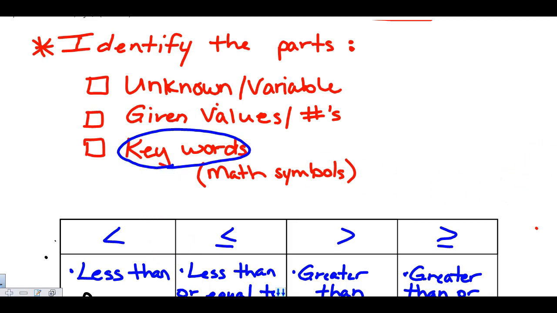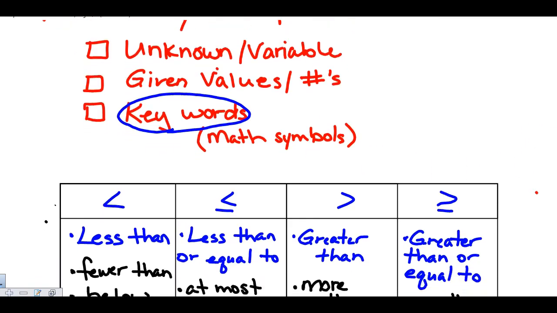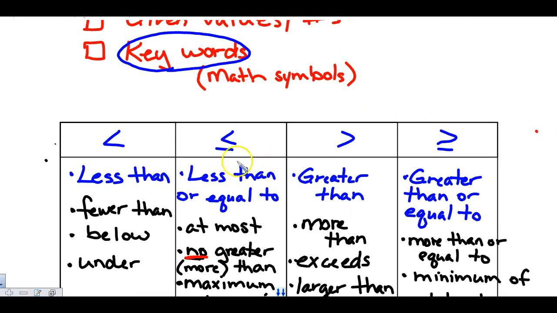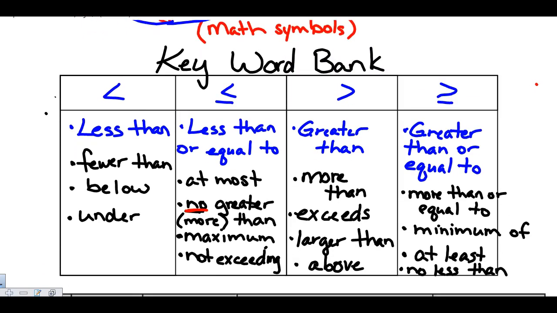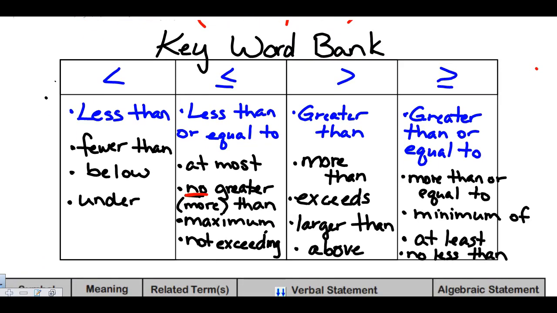Now, just a refresher on inequalities, there are 4 different kinds. And go ahead and write this down if you haven't done so already. Remember, you can pause the video at any time to help if I'm going too fast, okay?